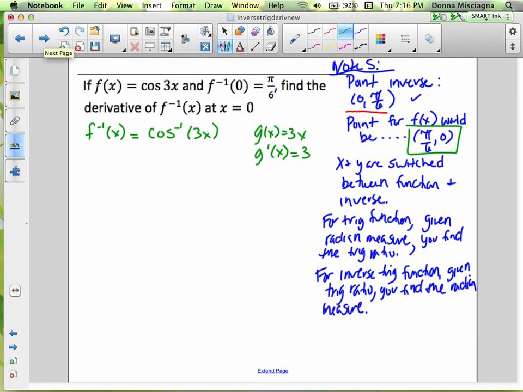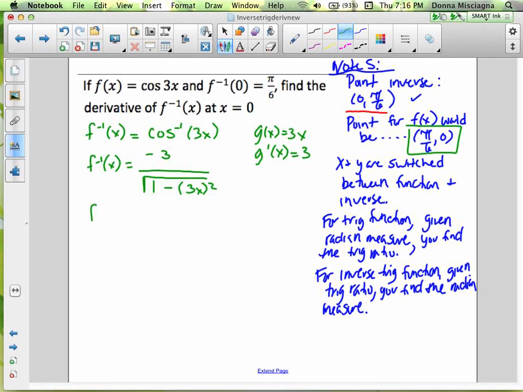No big deal. Right? So the derivative of the inverse is going to be the derivative of the inside times negative 1, so negative 3, divided by the square root of 1 minus, in this case, g of x, our function there that we're taking the arccos of, 3x squared.